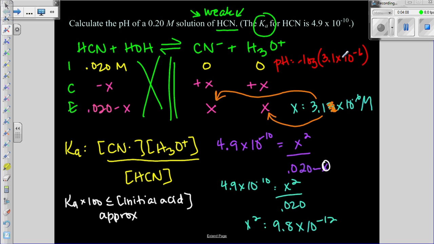It's okay if here you're doing the 3.13 or even the entire number that's still stored in your calculator. It's fine. So the pH is equal to, all right, 2 sig figs here, that means 2 numbers after the decimal, 5.50, which makes sense for a weak acid.